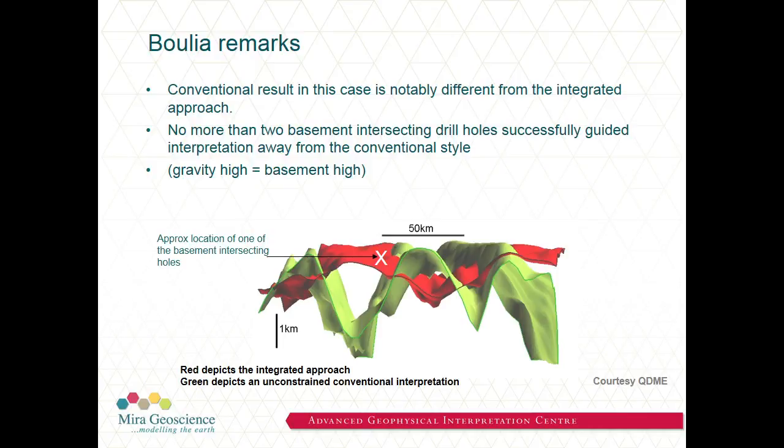And that's the one where the form of that surface really closely reflects the gravity. So basement highs coincident with gravity highs. But then just a few constraints, such as this drill hole pierce point here, really change the form of the entire structure. So again, few constraints can provide an enormous amount of beneficial control on the inversion.